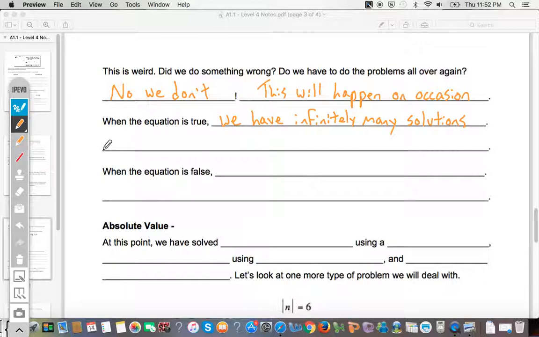So what this means is no matter which number we plug into our variable, the equation will be true.